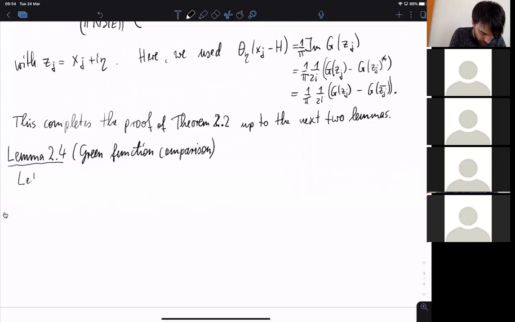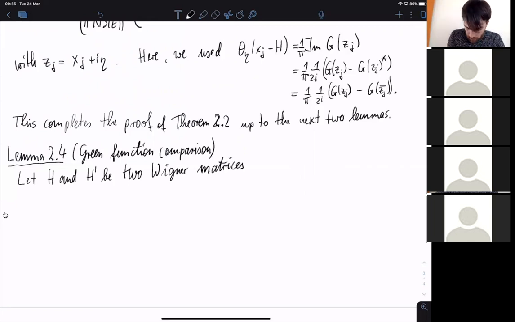So how is this formulated? Well, we start with, as before, let H and H prime be two Wigner matrices that match to order 4.